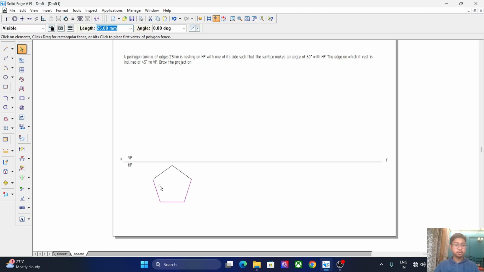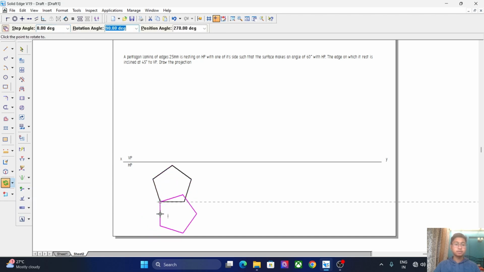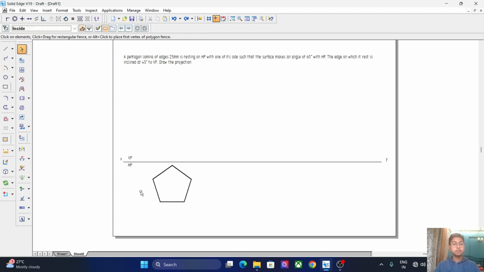Now we will convert this to thick lines. Okay, we will rotate this pentagon.